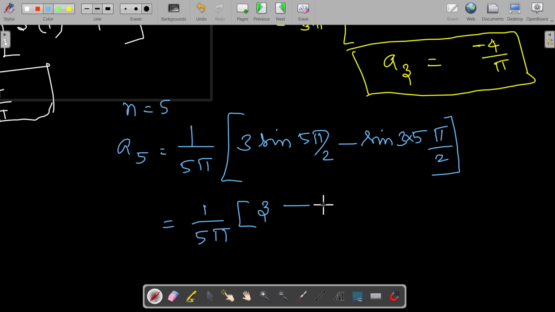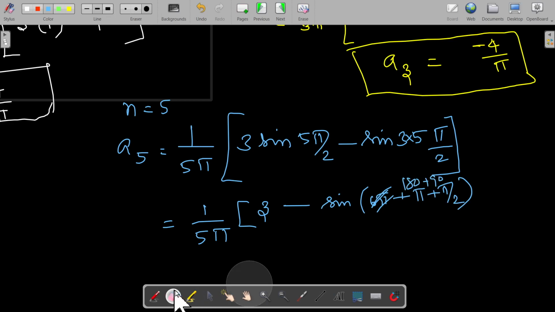7 and half means we can write it as sine of 6 pi plus 1 pi plus another half. So 7 and a half, right? So this 6 pi, you can leave it. Pi plus pi by 2, that is 3 pi by 2. It's nothing but here 180 plus some 90.